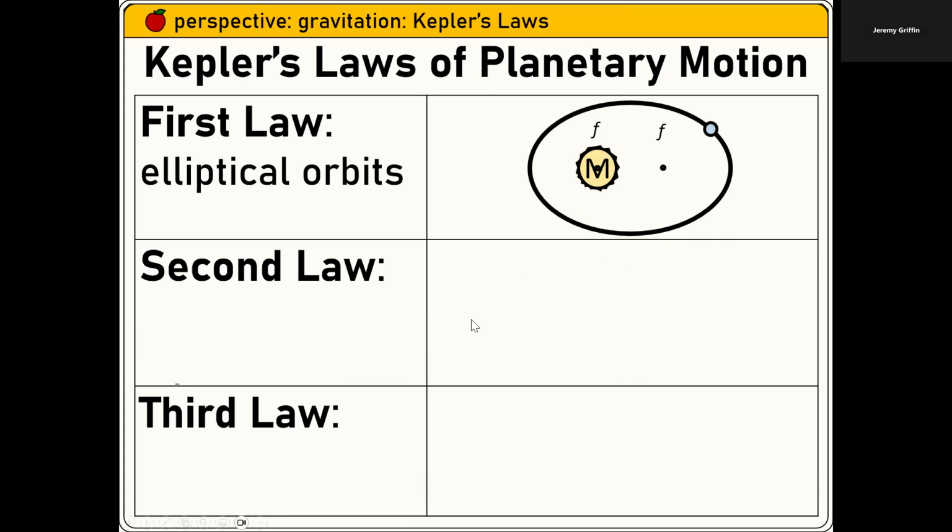Does anybody remember the second law? It's about triangles. It's triangle wedges. Right. So here, I'll lead into this. Here's a question you might ask. Guys, where's the planet moving a little faster? When it's far away from the star or close to the star? Close to the star is moving a little faster.